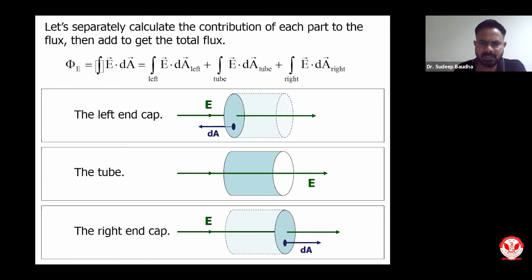For the left cap, the area goes outward while the electric field is in this direction, so the angle between the electric field and the area vector is 180 degrees. For the tube, the electric field is in this direction and the area vector comes outward from the tube, so the angle is 90 degrees. For the third case, the electric field vector and area vector are parallel to each other, so the angle is 0 degrees.